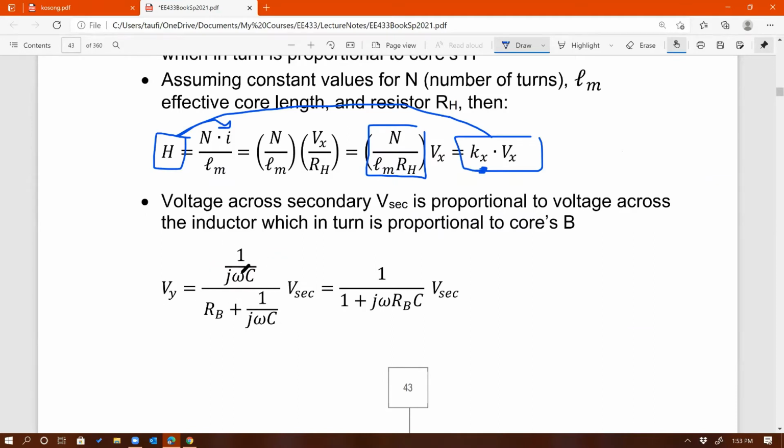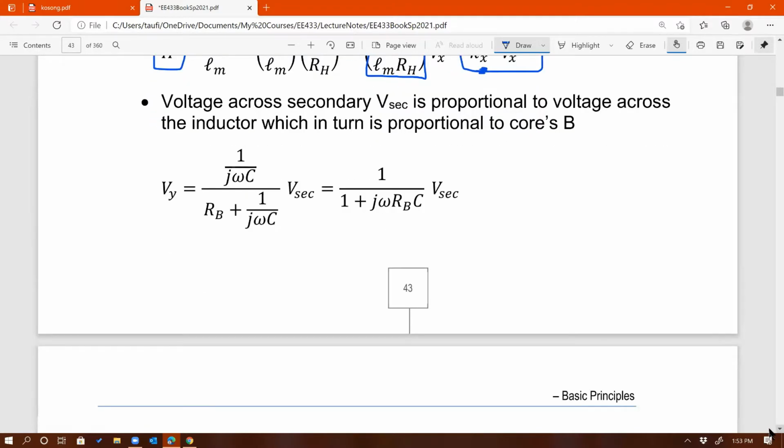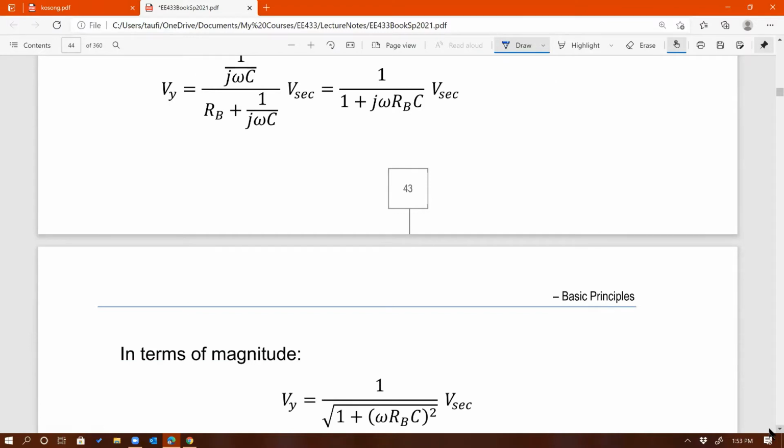So that's what I have right there. That's the voltage divider, right? And then we have the equation of Vy with respect to V secondary side with some transfer function right there. I'm only interested in the magnitude of this. So how do you find the magnitude of the voltage right there?